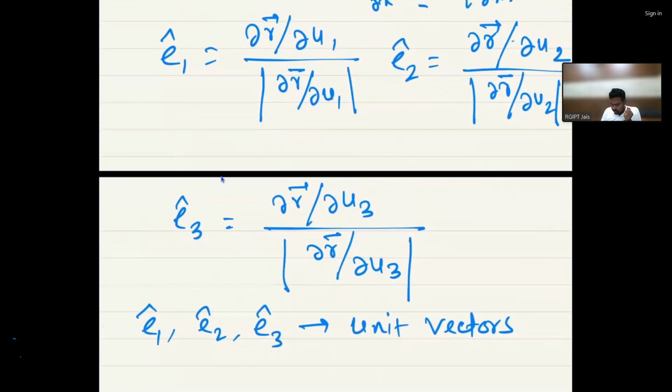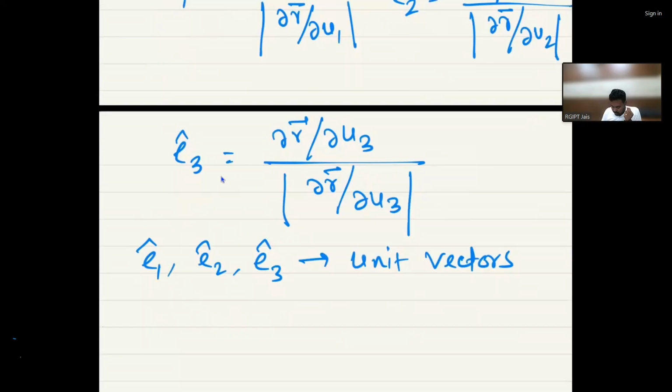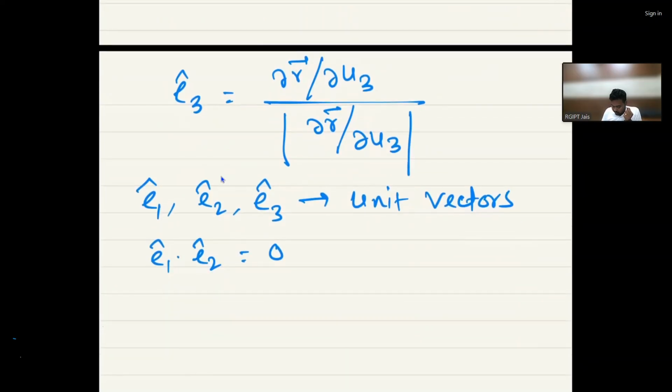And also, these are orthogonal. E1 cap dot E2 cap is equal to 0. E1 cap dot E3 cap is 0. And E2 cap dot E3 cap is 0.